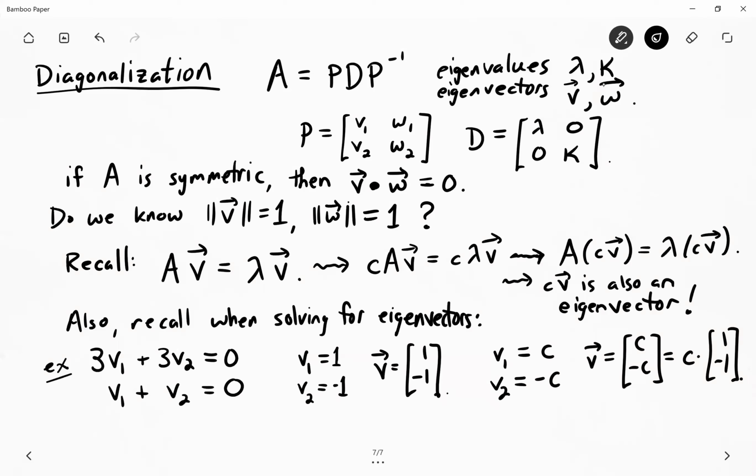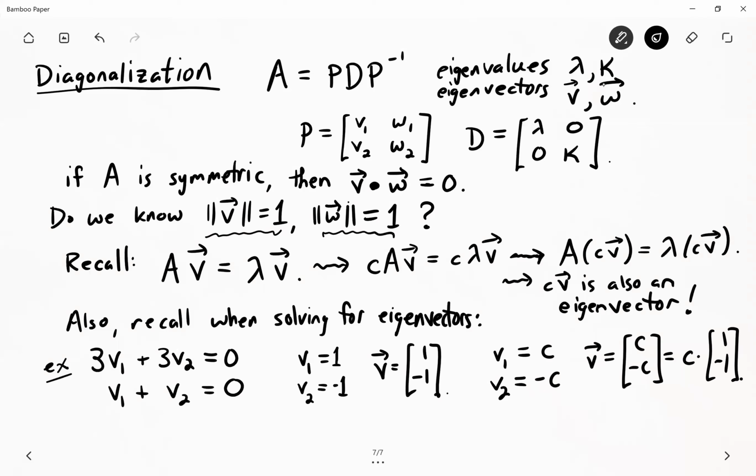So how does that help us with, do we know if the two eigenvectors have length 1? The takeaway here is we can actually force them to have length 1. We can take an eigenvector and then we can scale it down or scale it up. We can divide it by its length, and the result is still an eigenvector, but again, we can force it to have length 1.